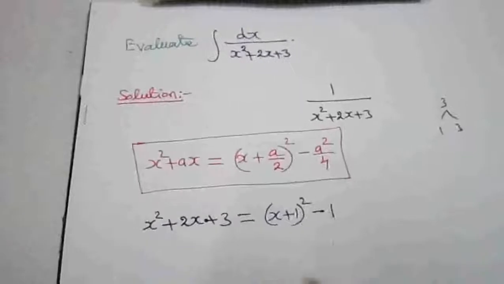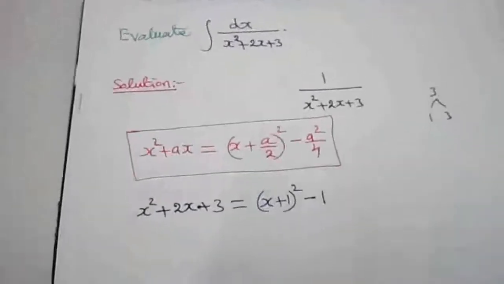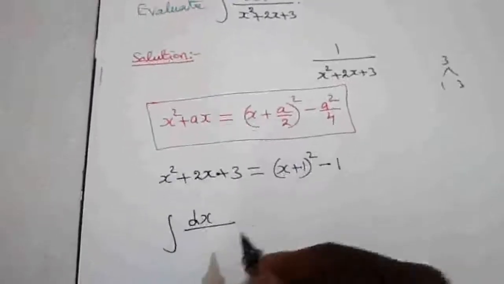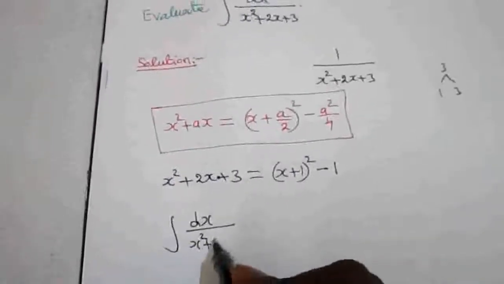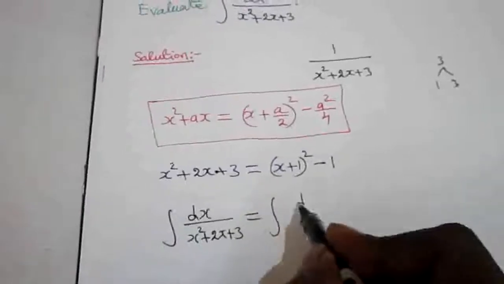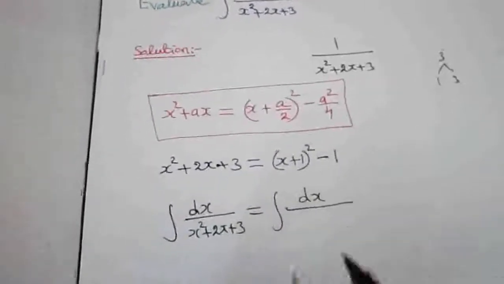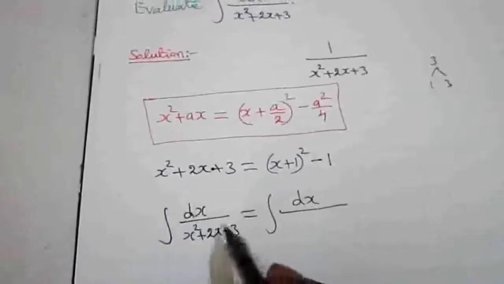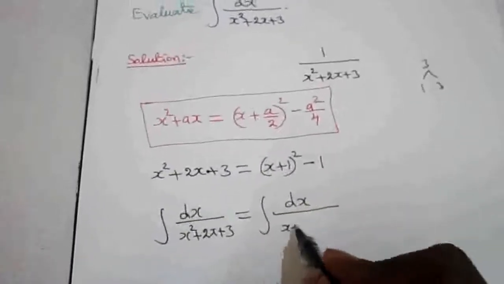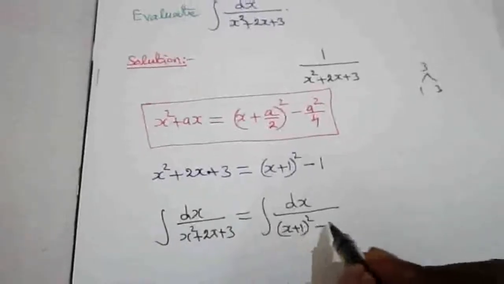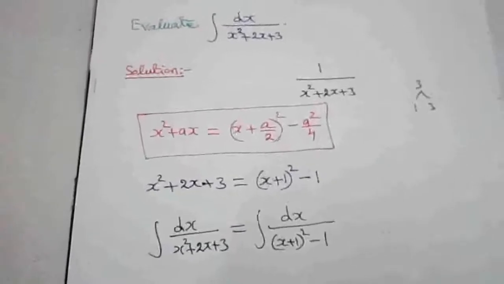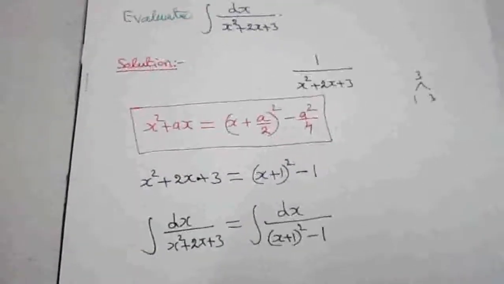Now I am going to use this term in the integral. The given integral dx by x square plus 2x plus 3 is equal to integral dx by the q of x converted into perfect square form, x plus 1 the whole square minus 1. But you see one mistake here.